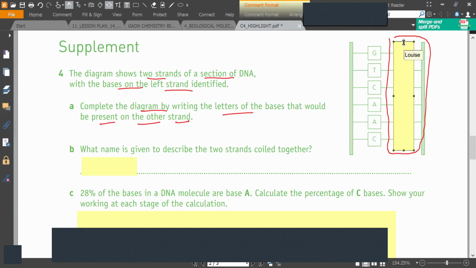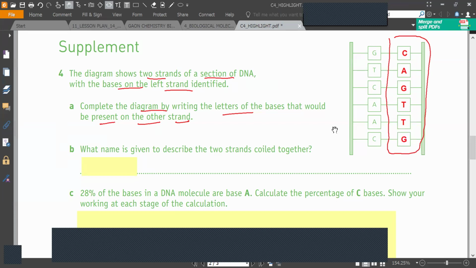What will be the bases present on the other strand? C, A, G, T, T, G. Yes. Excellent, that's great.